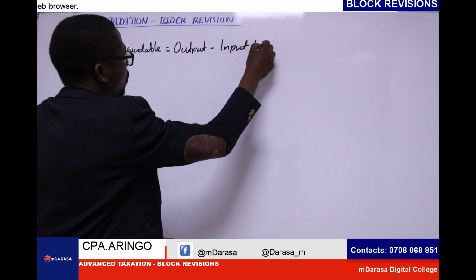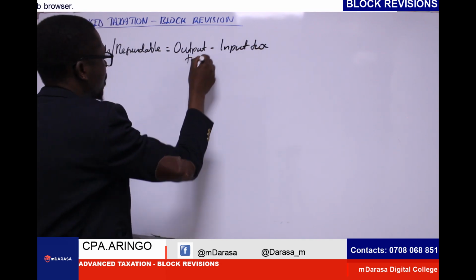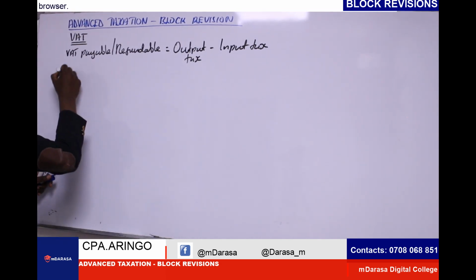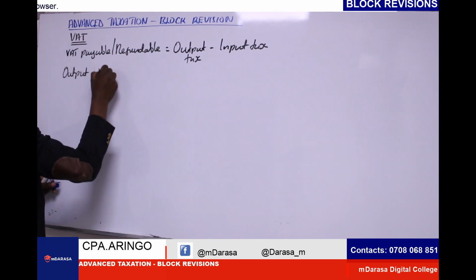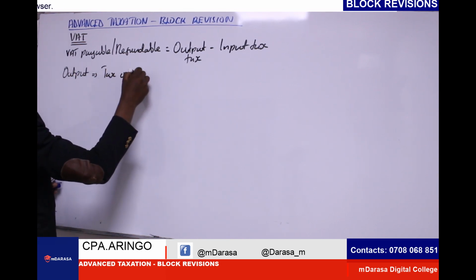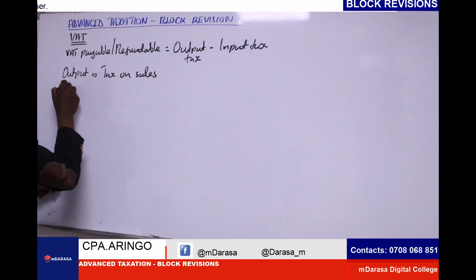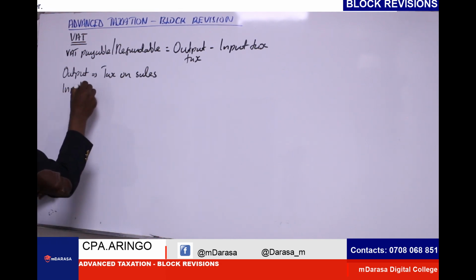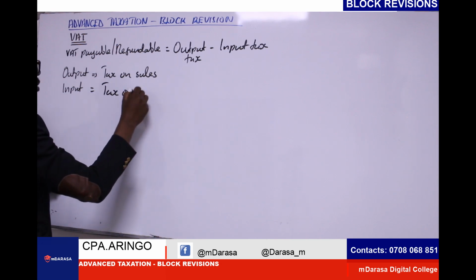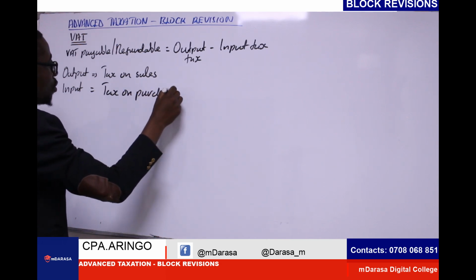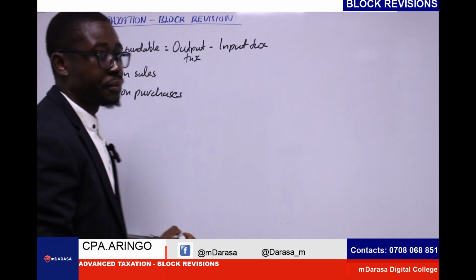Output tax is always about tax on sales, whereas input tax is always about tax on purchases. All this we are familiar with.